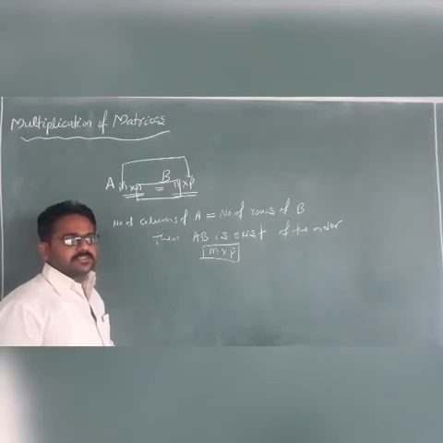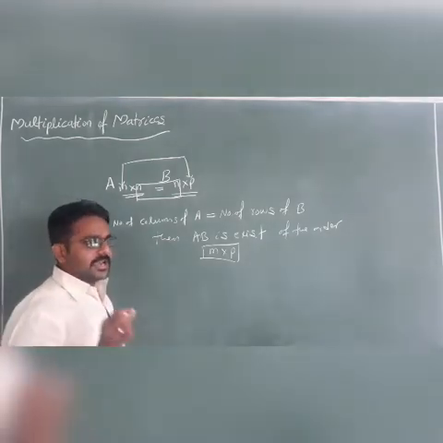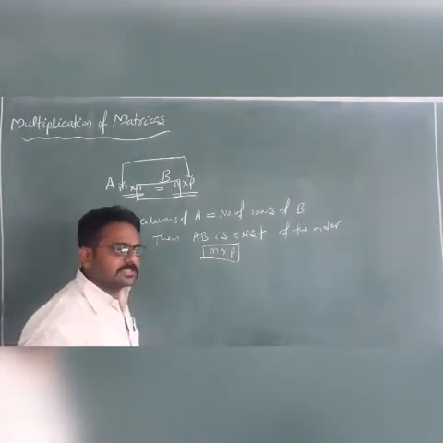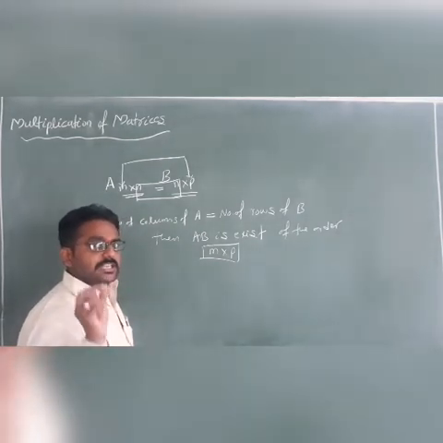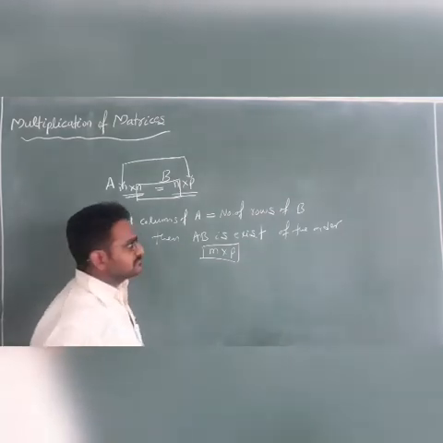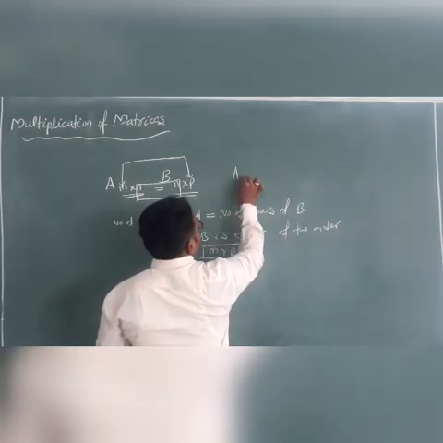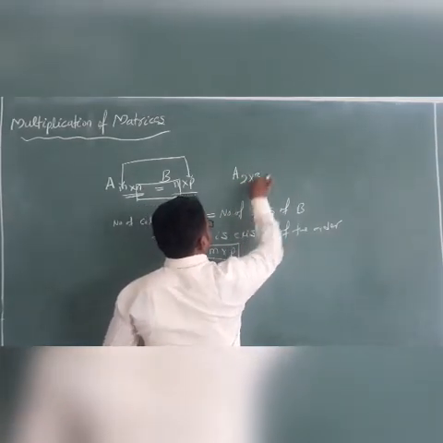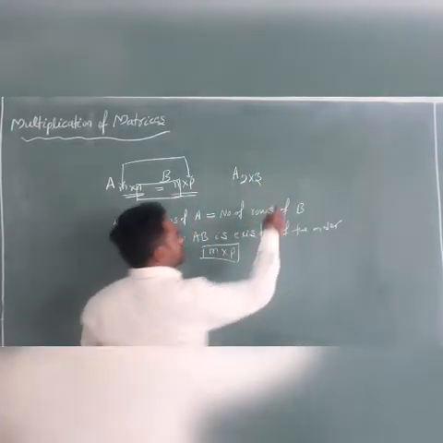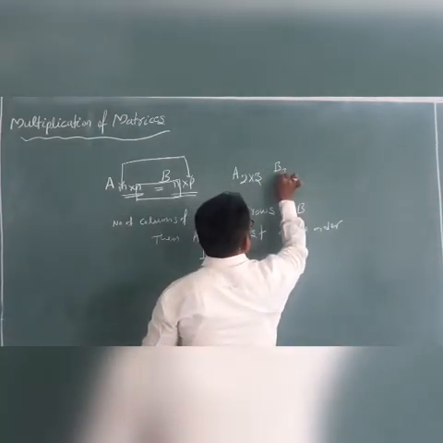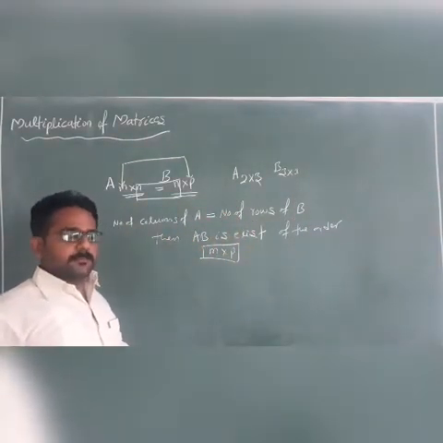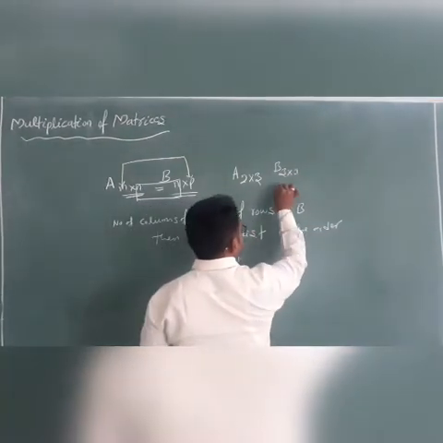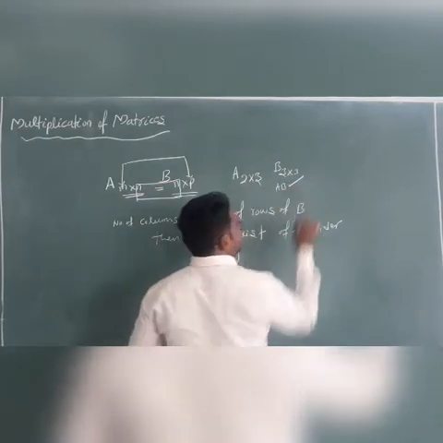Got the point, students? Whenever they ask for the product of two or three matrices, you must observe the order of the given matrices first. For example, if A is of order 2 by 3 and B is of order 3 by 1, does the product AB exist? Yes, AB exists.